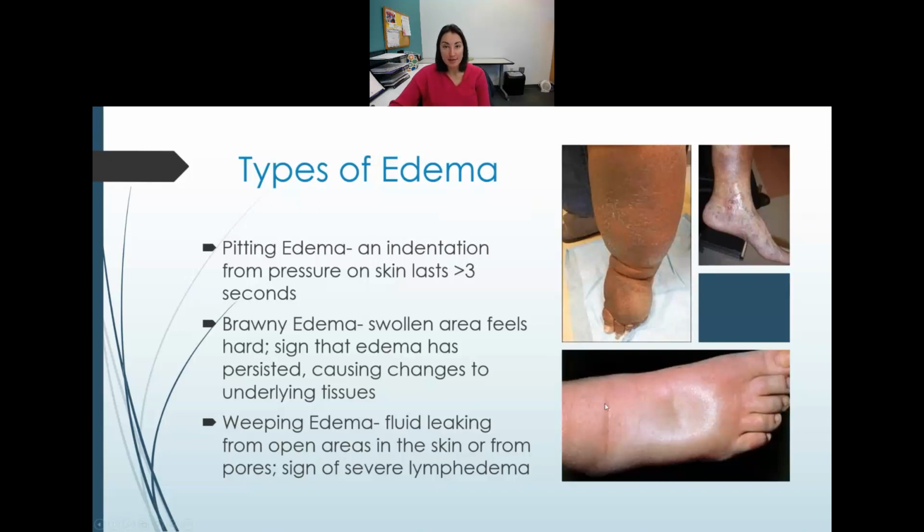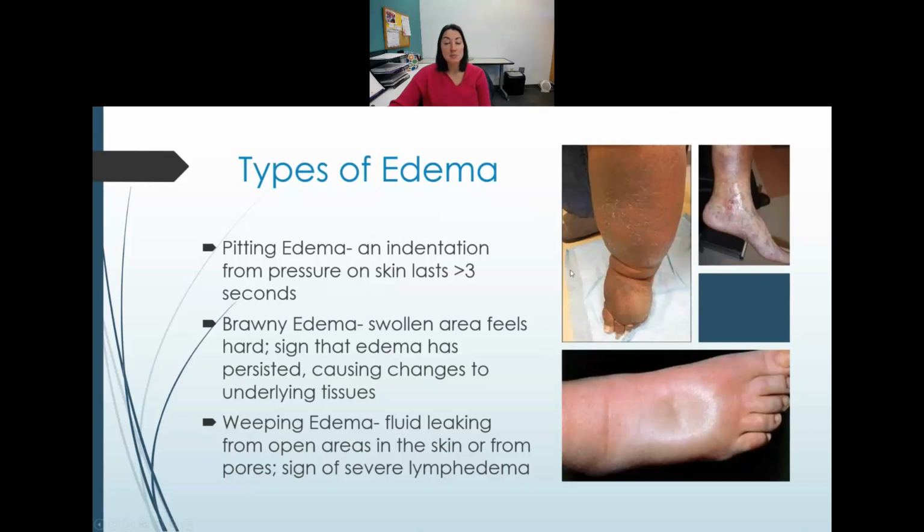With brawny edema, that's when there are swollen areas that feel hard. And that tells you that there's been edema in this area for a long time, and now the tissues underneath that area have started to change and become more fibrotic, and that's what causes that hard, scaly texture to that area. That's brawny edema: hard areas that have had edema for a long time.